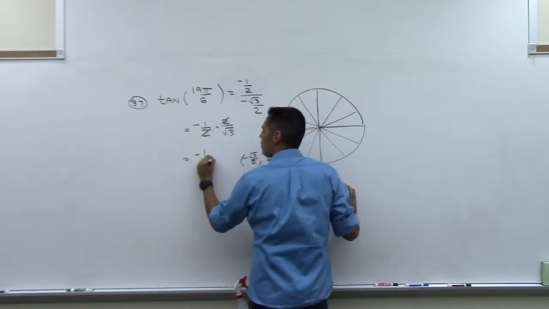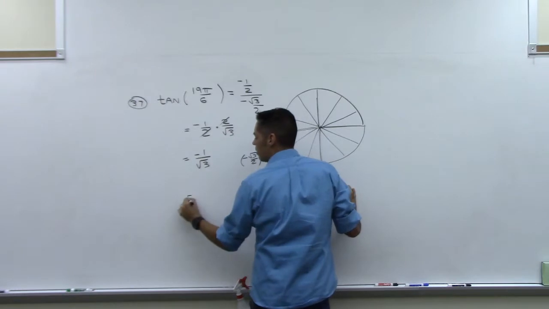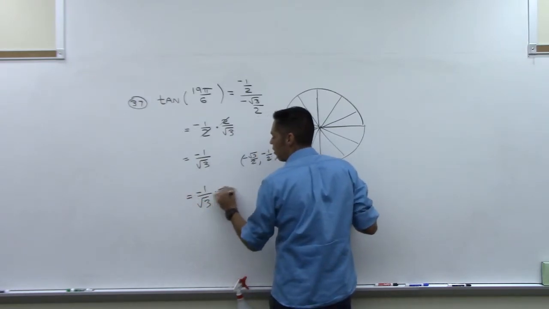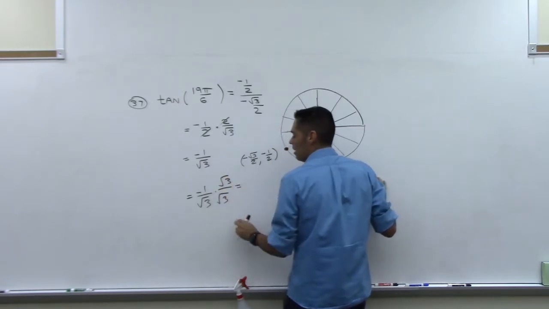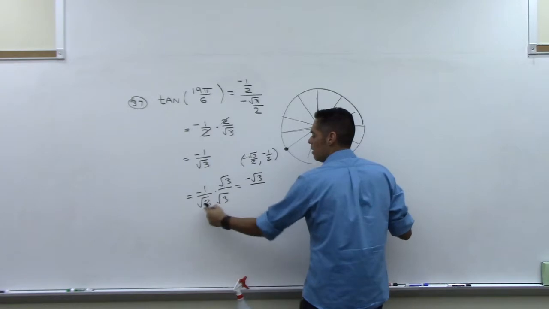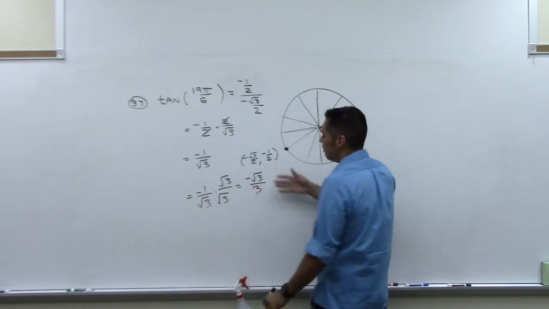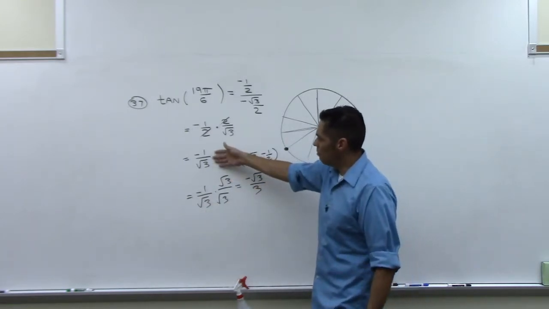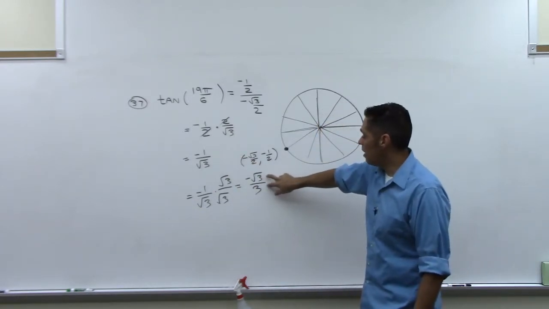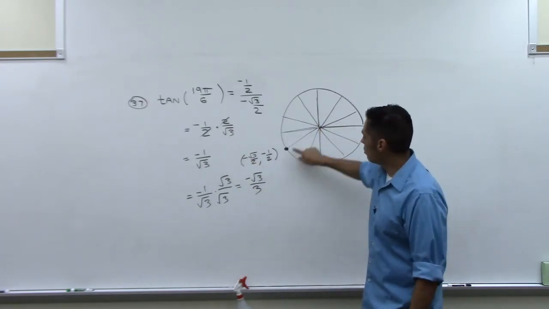I get negative 1 over root 3. In the book, they're going to rationalize the denominator, which I haven't done in any of these problems, but let me show you on this one. I multiply top and bottom by root 3. I get negative root 3 over 3. So that's the book's answer. This is the way you could do it on a test. But just be able to recognize this: if you ever see this, you should know that you're talking about this angle.